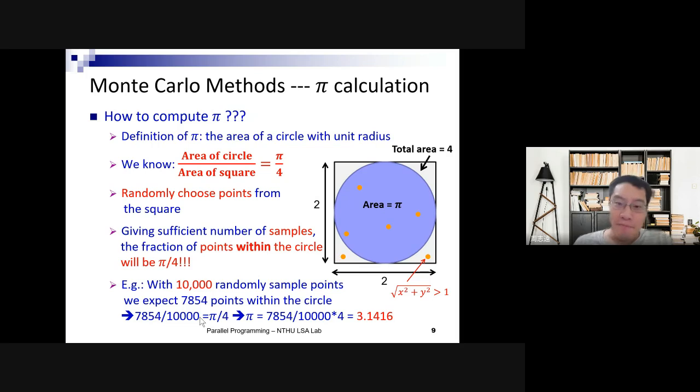Also, the computation is purely embarrassingly parallel, because the result of each sampling point can be calculated independently.